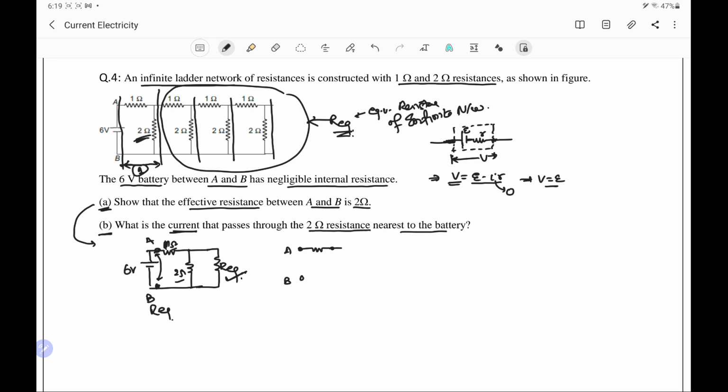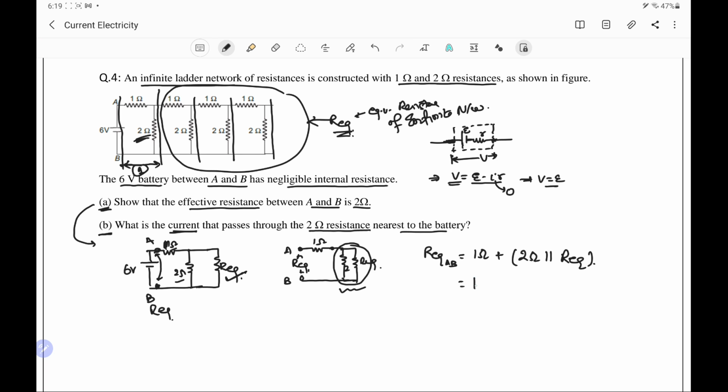Then in series there is a parallel combination of the two resistors, and then it is connected to B. So we can say this 1 ohm resistor is in series with this combination, and this combination has 2 ohm and R_eq in parallel, and the resultant of this is also R_eq between terminals A and B. Now we write this in the form of an expression: R_eq between A and B is equal to 1 ohm plus the combination of these two resistors, 2 ohm in parallel with R_eq.